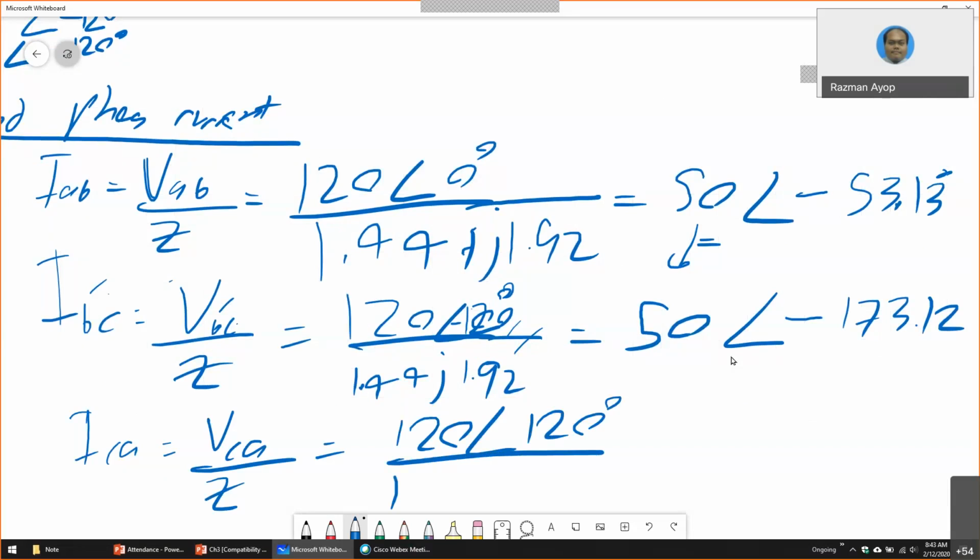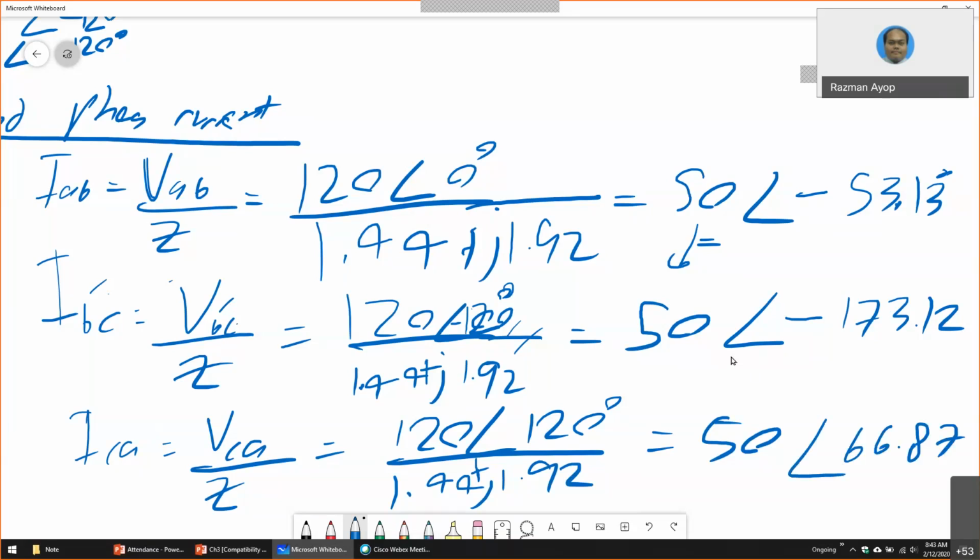This one is 1.44 plus J1.92 equals 50. So use your calculator again: 120 angle 120 divided by 1.44 plus 1.92 I. Don't forget open and close bracket and rectangular form. So the angle is 66.87 degree. So you get the phase current.